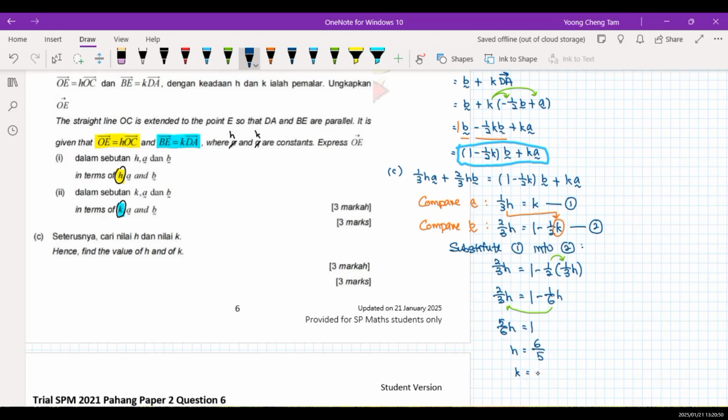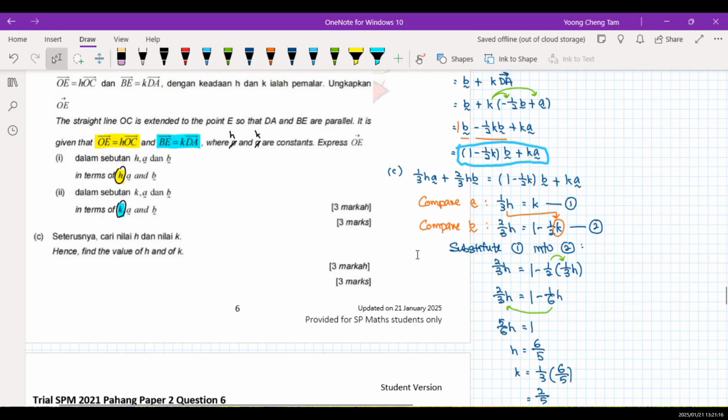So k is equal to 1 over 3 times h, which is 6 over 5. Then you do the calculation, and the final value is 2 over 5. So that is the value for h and k.